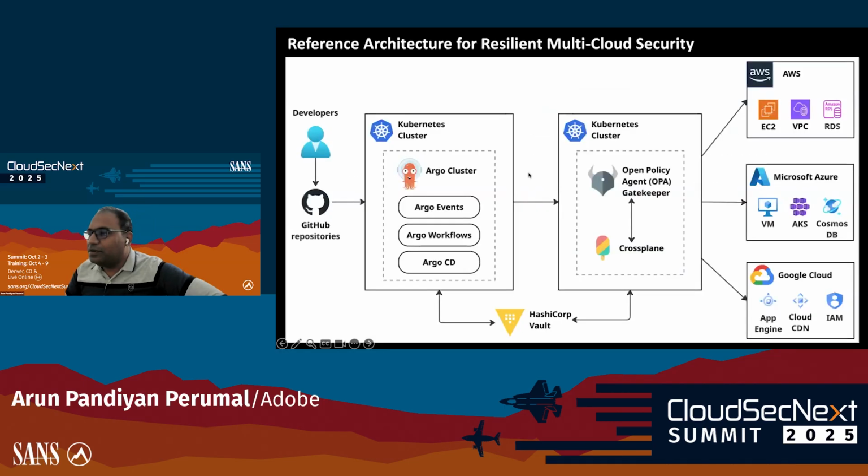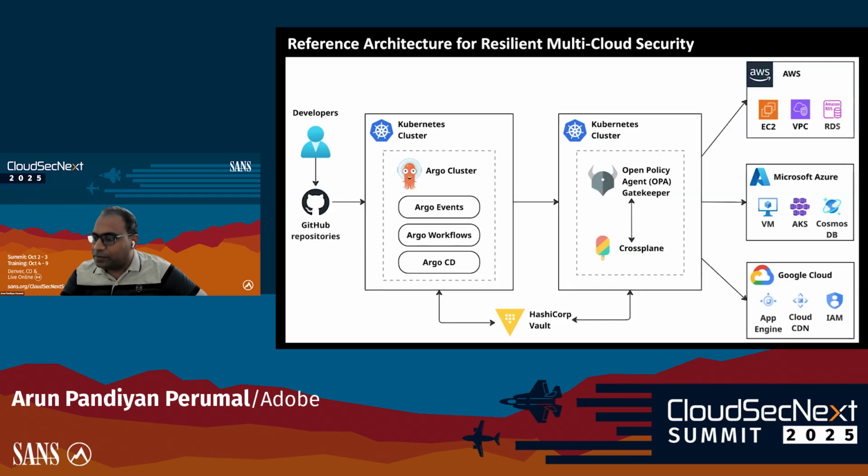So this is a reference architecture to build multi-cloud architectures with Argo CD and Crossplane. Both Argo CD and Crossplane run on Kubernetes clusters. On the left side, we can see the GitHub repositories. We have the infrastructure code stored under GitHub repositories.